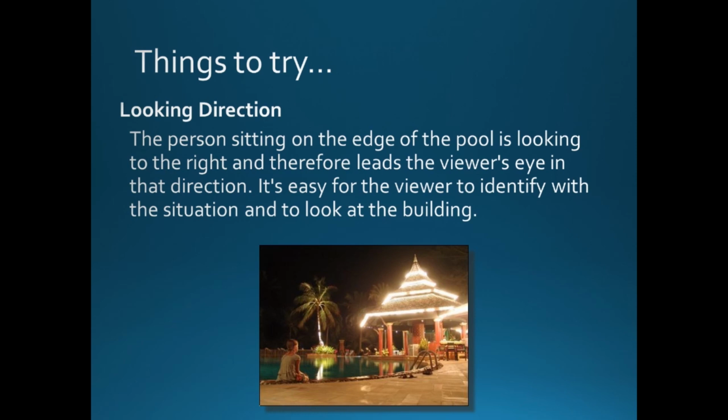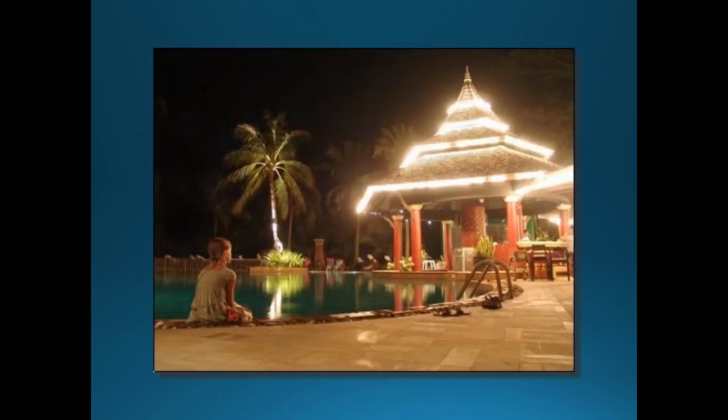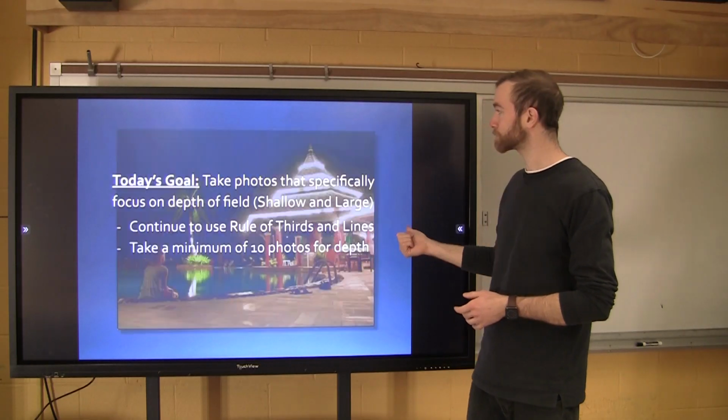It's easy for the viewer to identify with the situation and to look at the building, at this gazebo. So here, this person's sitting at the edge of the pool. They are looking at the gazebo. We see that where they're looking, so we look at the gazebo as well.